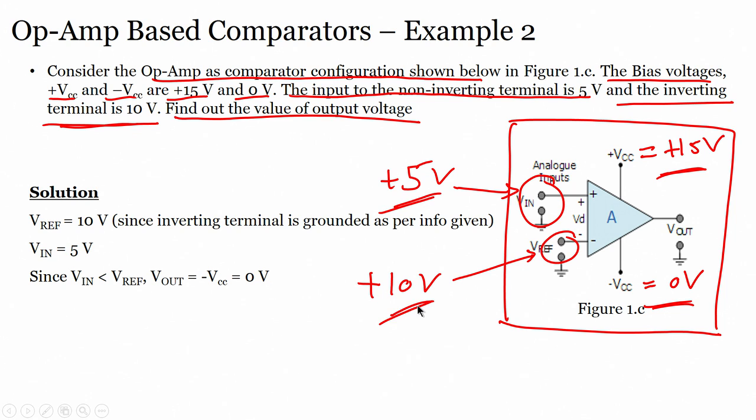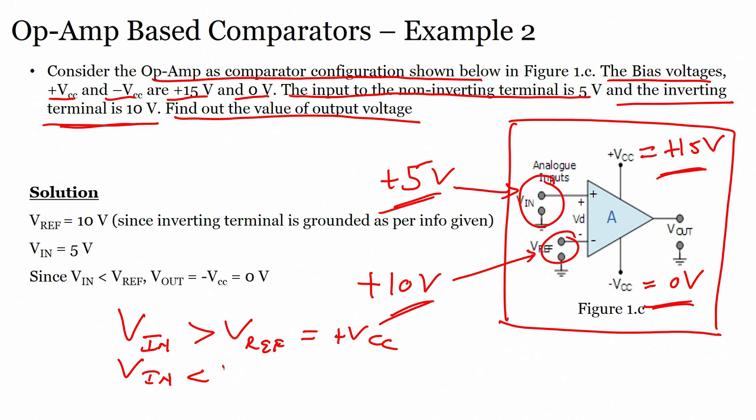Let us again see what the condition was. V in greater than V ref gives plus VCC, V in less than V ref gives minus VCC. Here this is V in and this is V ref.